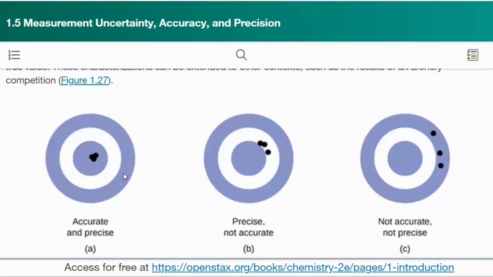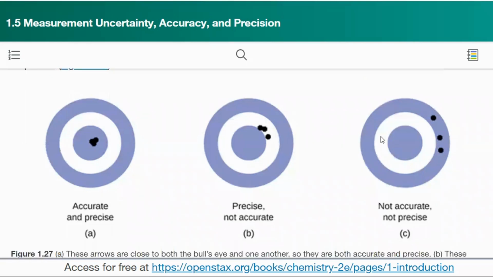So we have an illustration here of accurate, because it's close to the bullseye. This one is precise but not accurate, so the archer is hitting kind of in the same location. And this is not accurate, not precise. It's not precise because the arrows are landing far apart from each other, and it's not at the bullseye.